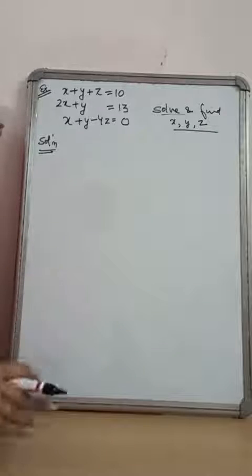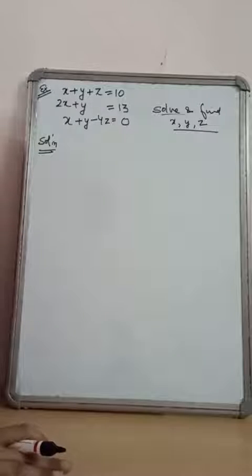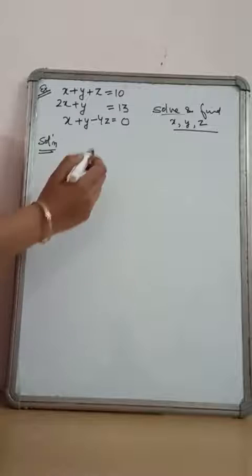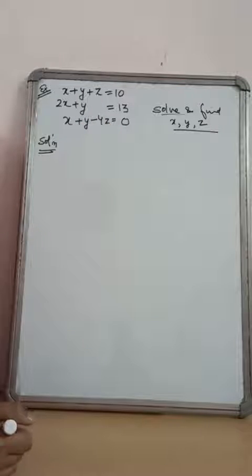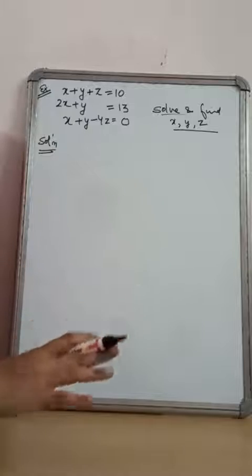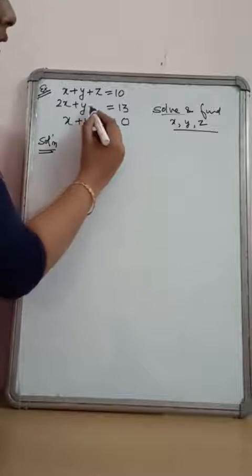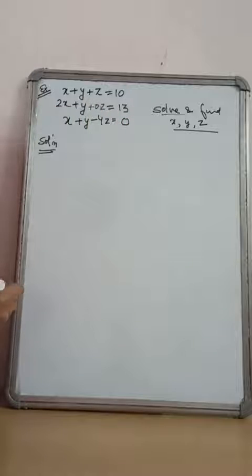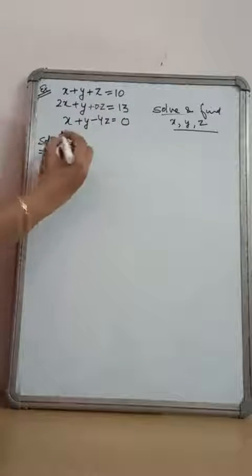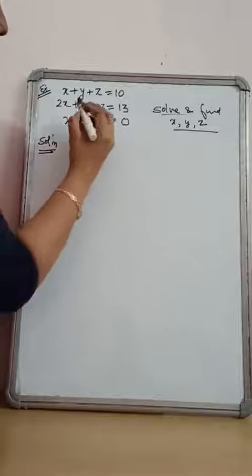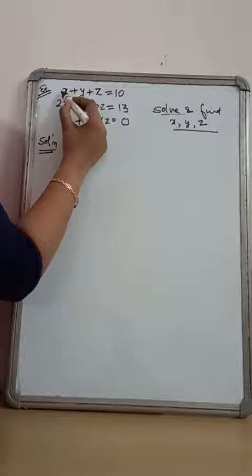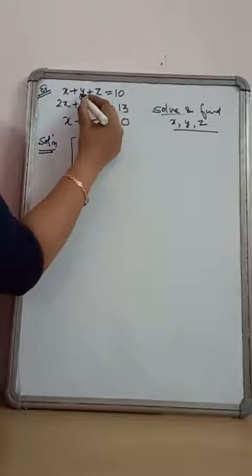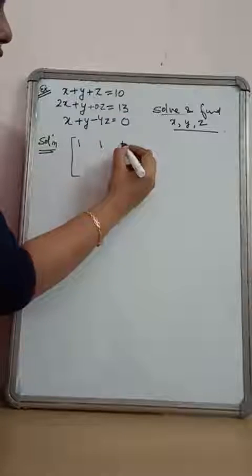So first step was to convert the equations into a matrix form. See here, there is no z present here. When any of the variable is not present in any equation, you write it like this: 0 into z. Right? Now how will you convert into a matrix? Your first matrix will be, what are the coefficients? The coefficient of x is 1, coefficient of y is 1, coefficient of z is 1.